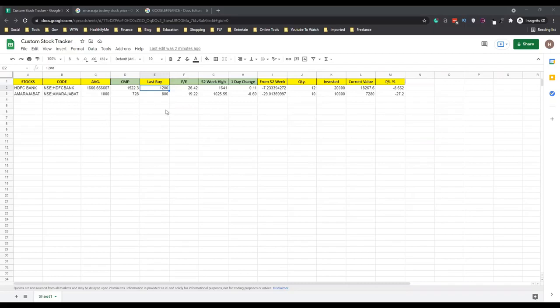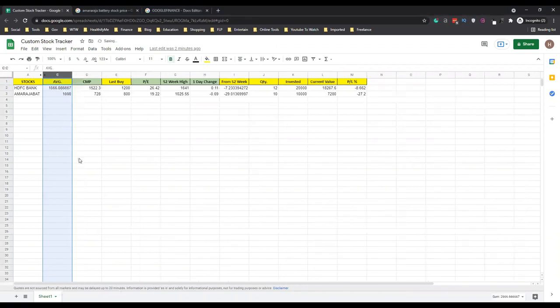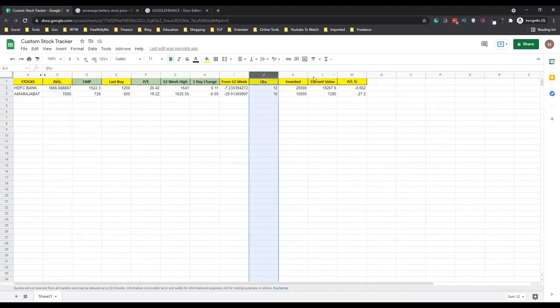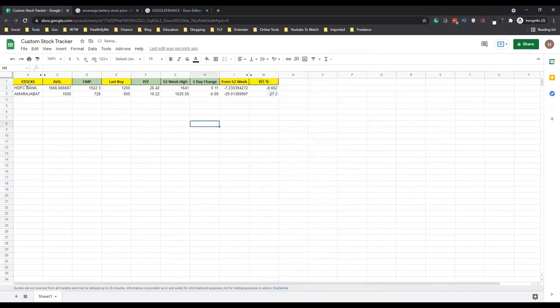And suppose if you want to hide certain columns, like this code we do not want every time, so we can hide this column. And maybe if we do not want current value and invested, we can hide these columns as well. Yeah, so now we have limited columns on the basis of which we can make our daily decisions.